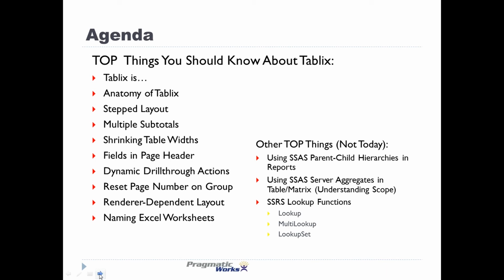Those were important on his list, but we won't hit those today. We'll quickly preview what Tablix is and the anatomy. Then we'll look at some of these top 10, things like stepped layout, subtotaling, multiple subtotaling specifically, dynamic drill-through actions, etc., etc. So let's jump in.